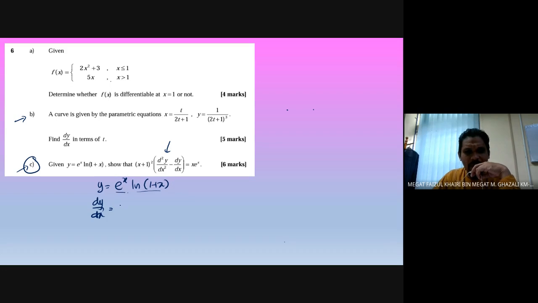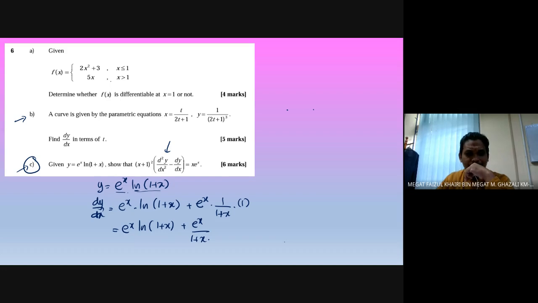Differentiate e to the power of x, it gives you e^x, and multiply with ln(1 plus x), plus, just now we differentiated e to the power of x, we get the same here for the second time, we just copy out e to the power of x, and then differentiate ln, 1 over 1 plus x, times the derivative of 1 plus x, differentiation of x equals 1. So then e^x natural log of 1 plus x plus e^x divided by 1 plus x.